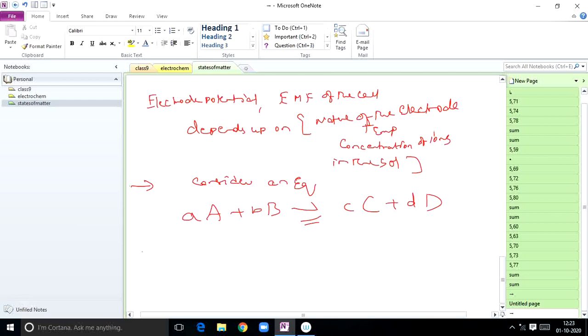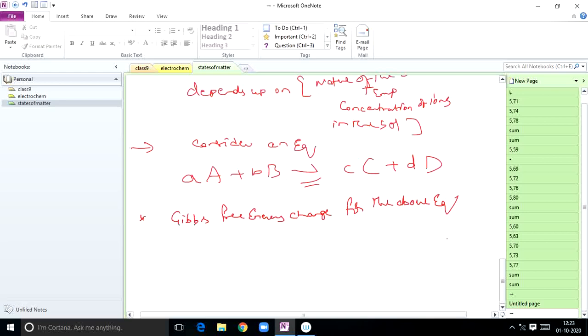So in the previous class in thermodynamics, you might have learned about Gibbs free energy change. If you calculate Gibbs free energy change for the above equation, now what happens here?